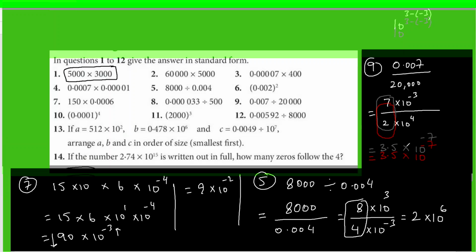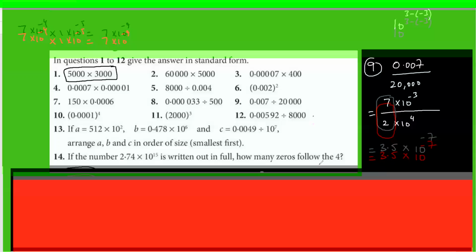Can you please try all these questions up to the 12th one, okay? From 1 to 12. Try them. If you look at the 8th question and then the 12th question, I'll be a bit clever over here. This is first of all 33. I'll not write this as 3.3, okay? 33 and then multiplied by 10 raised to power minus 6, and I'll keep this 5 into 10 raised to power 2.